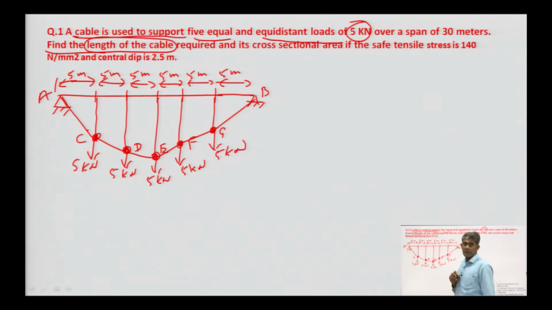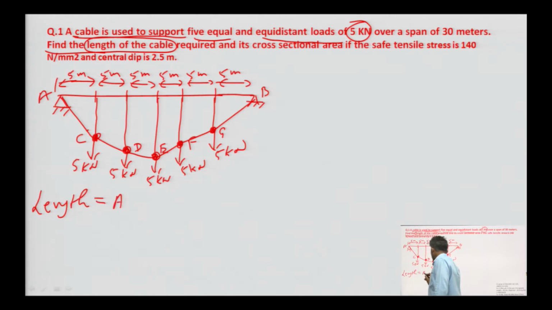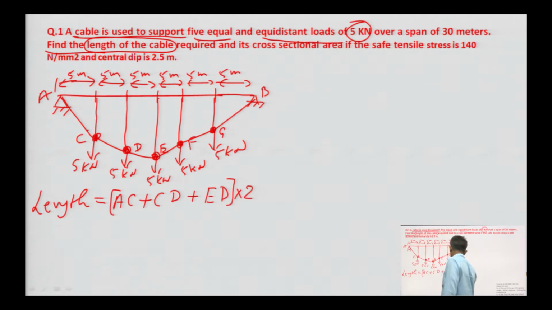Length of cable is equal to AC plus CD plus DE plus ED multiplied by 2, because this one length will be same as for DE, and this one length will be same for the length CD. So, we need to find these values AC, CD and DE.